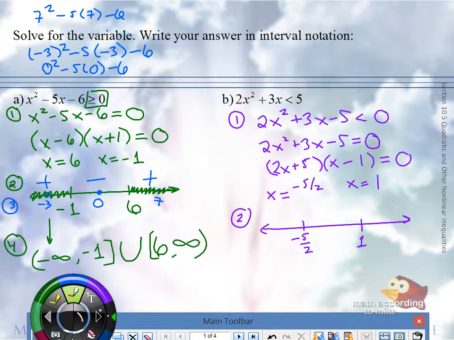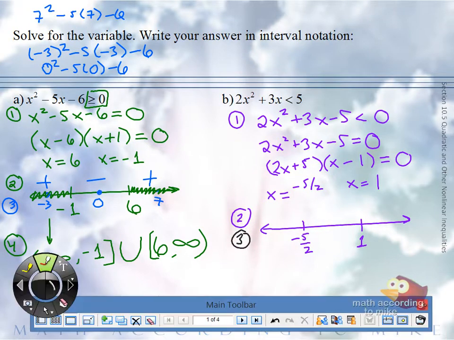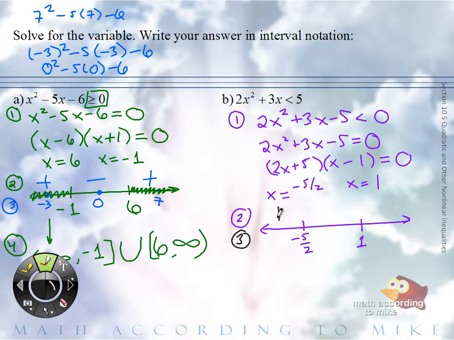If you would, pick a number from each section, determine its sign, i.e. do step 3. Positive, negative, positive.